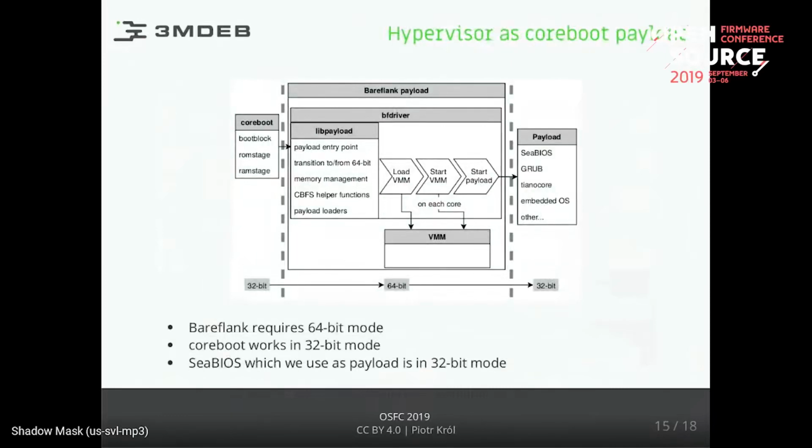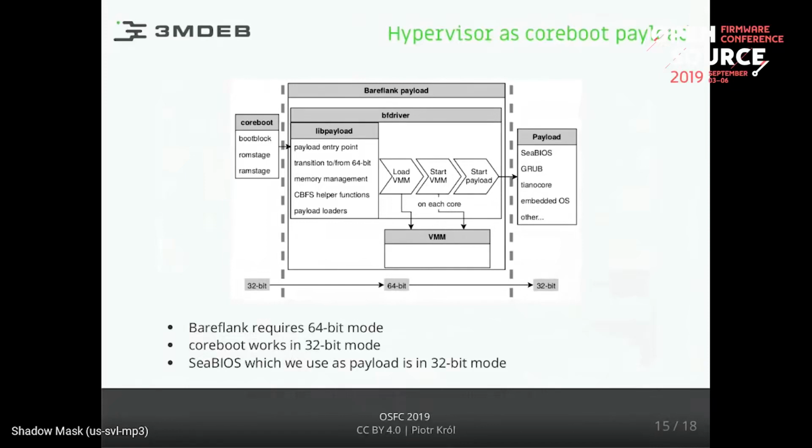So how does the payload look and how is it designed, what components does it have? As I said, we start with coreboot, and we have the Bareflank payload. Inside we have the Bareflank driver, BF driver, and BF driver contains libpayload, which provides us support for the entry point, for 64-bit, and for some memory management.